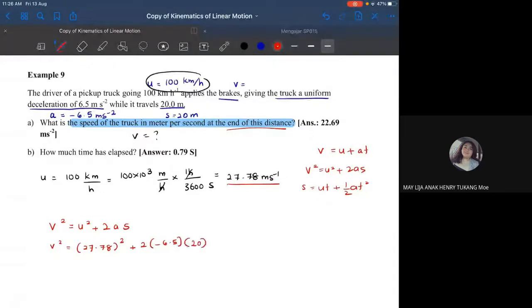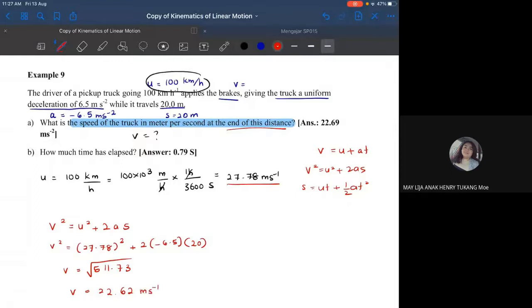Okay. So this one kamu tekanlah kalkulator. So 27.78 square campur 2 darab negatif 6.5 darab 20. And then this one you get 511.73 and then square root. So our V is 22.62.